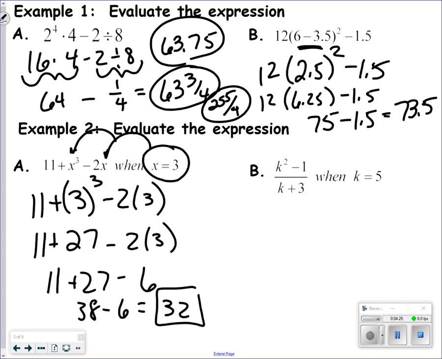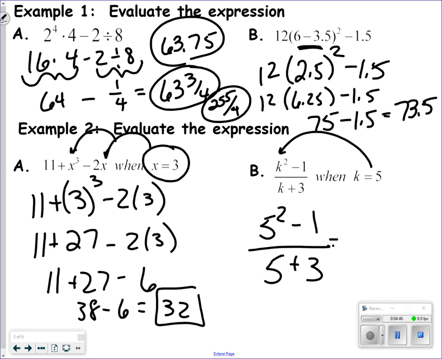Next one. k squared minus 1 over k plus 3. So I'm going to put 5 in for k. So 5 squared minus 1 over 5 plus 3. Now, this is where some people get confused. If you have a large fraction bar, you treat the top as one problem, the bottom as another problem, and then divide in the end. So that kind of overrules the order of operations.